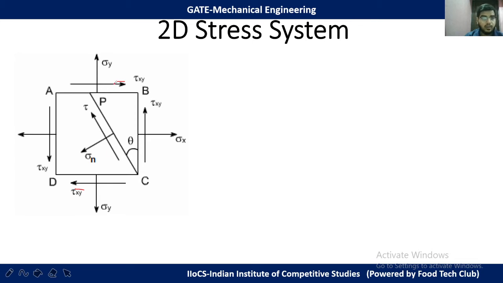Oh, sorry, these two stresses are shear stress, and this is called complementary shear stress with respect to this one. Suppose I label them 1 and 2, then 2 is complementary shear stress with respect to 1, and 1 is complementary shear stress with respect to 2.